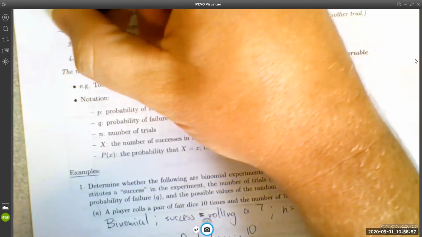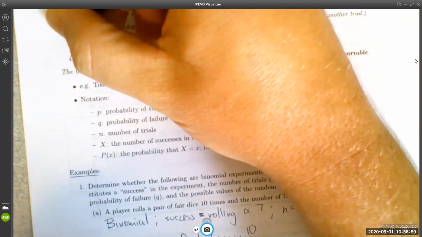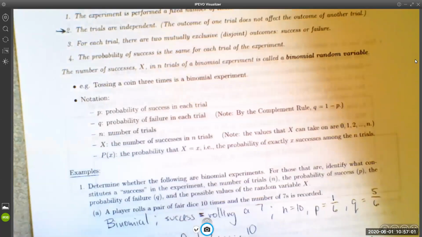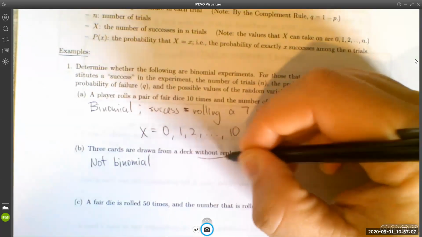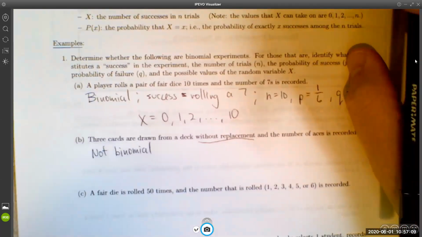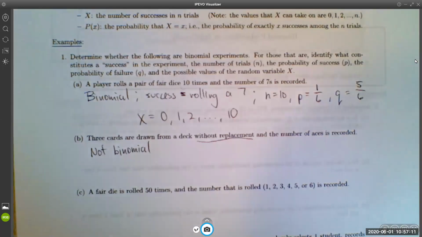Here's why it's not binomial. Condition 2 is not satisfied, right? The trials are not independent because you're drawing the cards without replacement. In other words, once you pick one card, you're not putting it back in the deck before you pick the next one. And that means the probabilities are going to change, right?